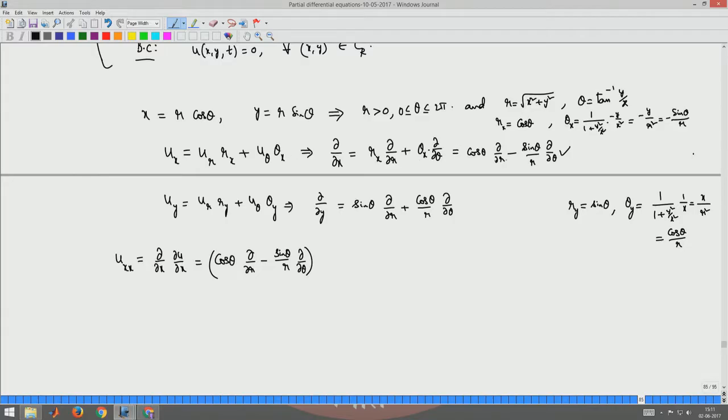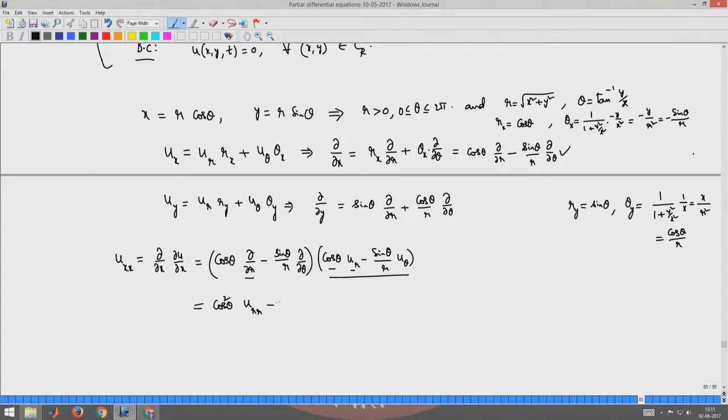The same thing you operate on u, you get cos theta u_r minus sin theta by r u_theta. Now cos theta is common. So cos theta, now operate dou r on this function. Dou r of cos theta: this is a function of theta, so that is 0, plus cos theta into u_rr. So cos square theta u_rr.